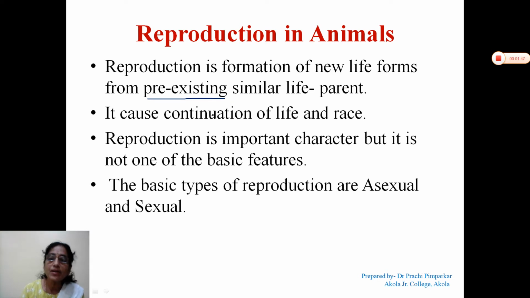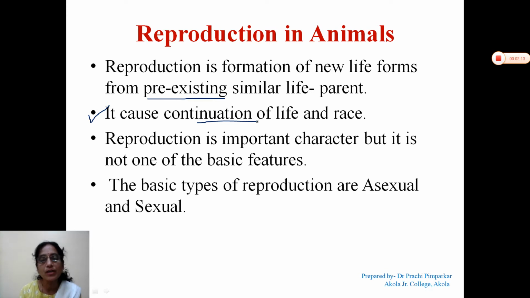Reproduction is a very important character of living organisms because it causes continuation of life and race. Life is continued on the earth due to reproduction, because death causes elimination of the organism and ends the life.